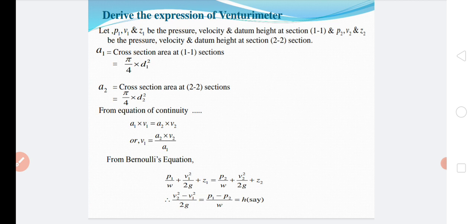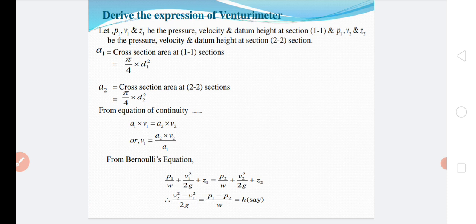From Bernoulli's equation we know that pressure energy plus kinetic energy plus potential or datum energy equals a constant. In Bernoulli's equation we must know that the energy is always constant in every cross section.